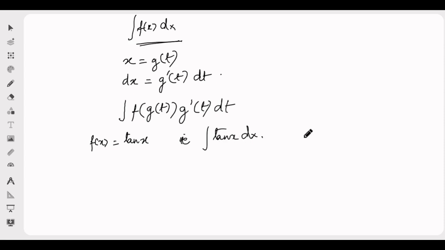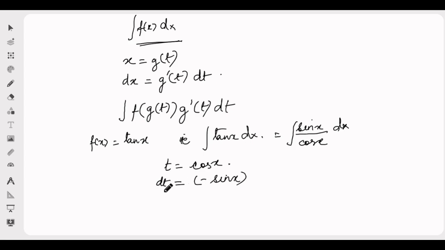So we do this integral by substitution method, and we can write tan x like this: sin x upon cos x dx. We substitute cos x as some function t and differentiate this function with respect to x. So we'll get minus sin x into dx, or you can write this as minus dt is equal to sin x dx.